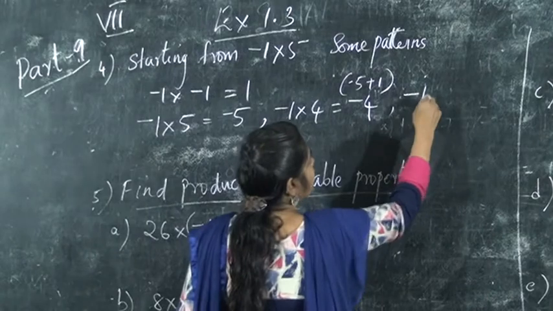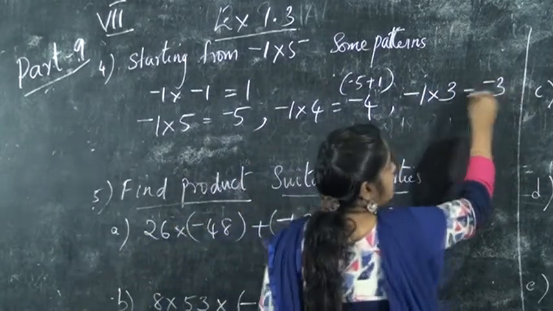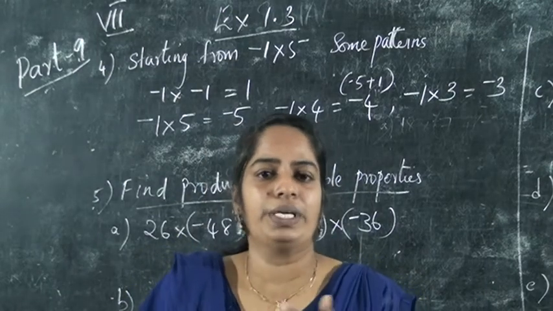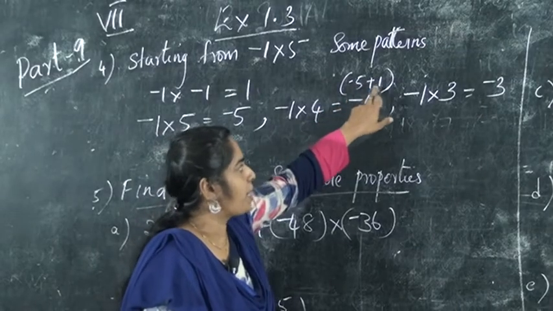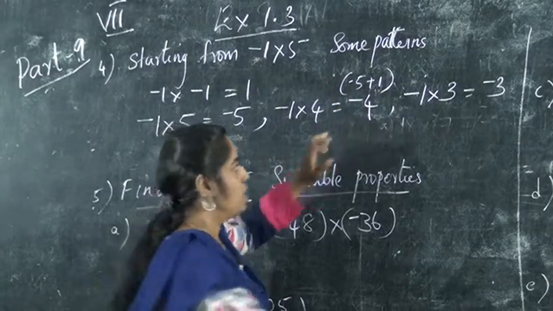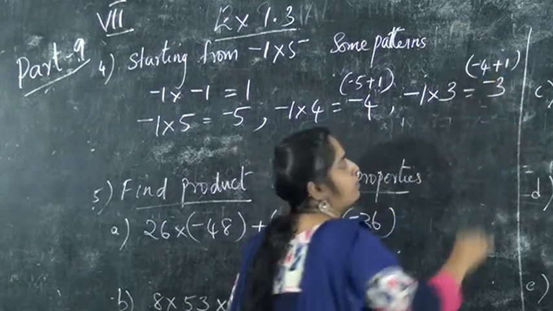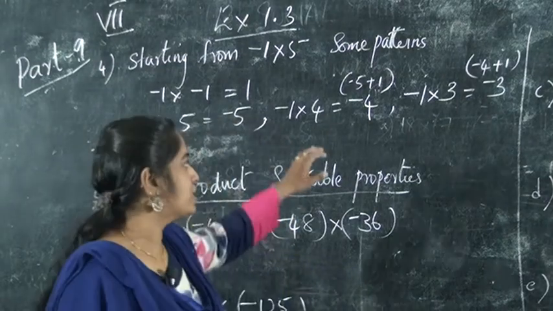Here -1 into 3. What is -1 into 3? It is -3. Again how can we write the patterns here? -5 plus 1 is -4, isn't it? So again -4 plus 1 is equal to -3. You understand children? This is a pattern.